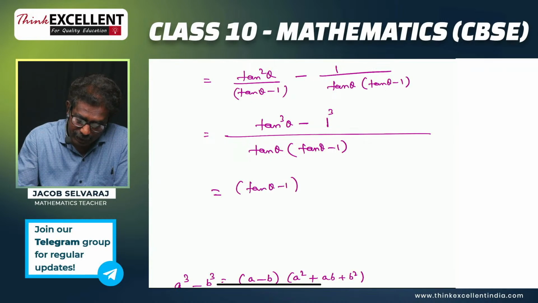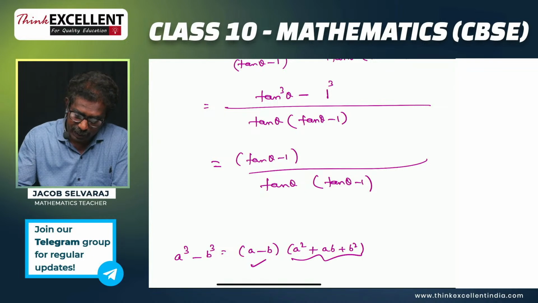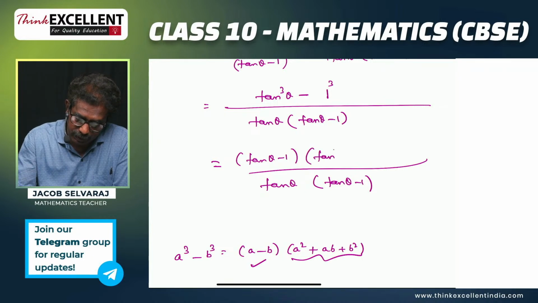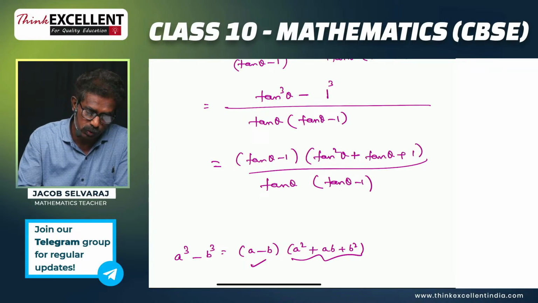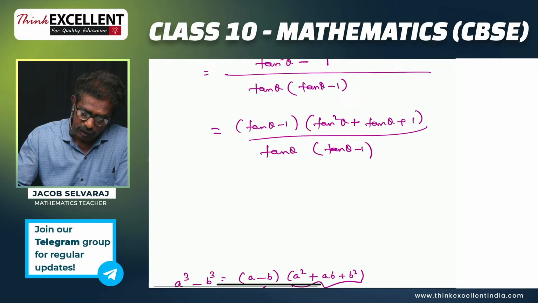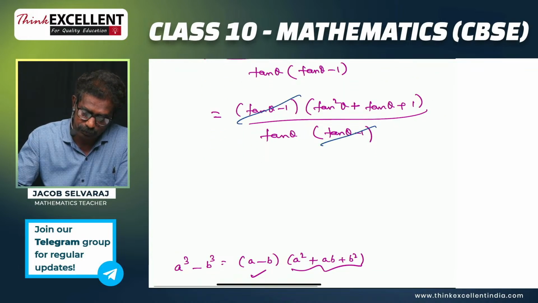The reason is you can cancel this denominator also, tan theta minus 1, tan theta into tan theta minus 1. Okay, a minus b written. Now this part. A square means tan square theta, plus ab, tan theta into 1, that is tan theta, plus b square. 1 square is 1. So this is what you are getting now. Now this tan theta minus 1 cancels.